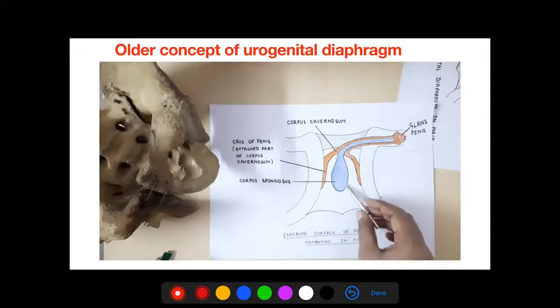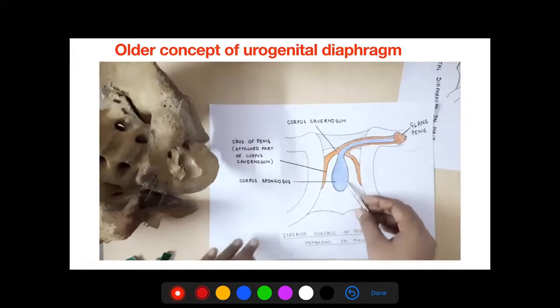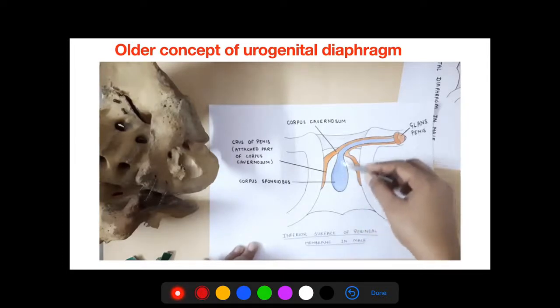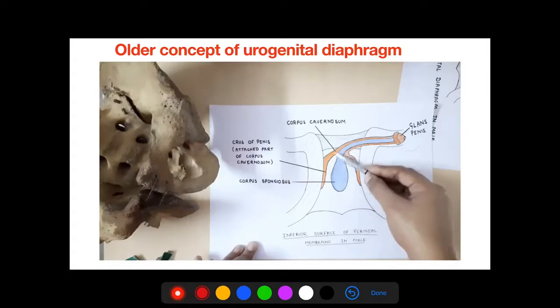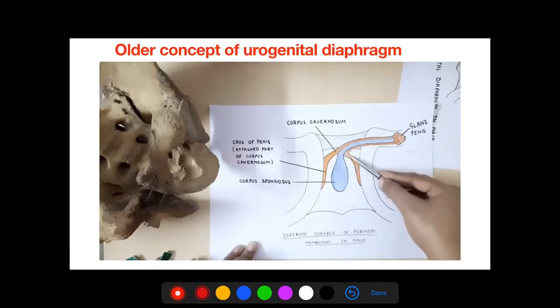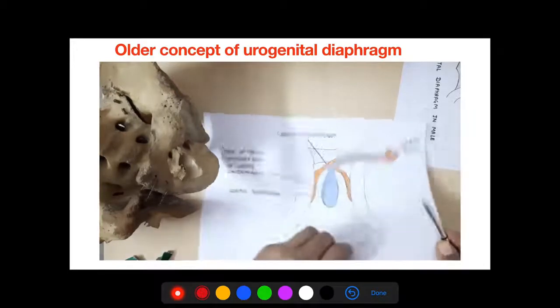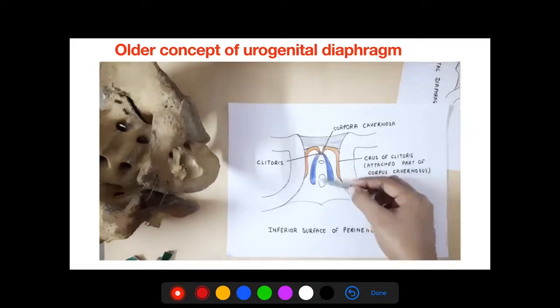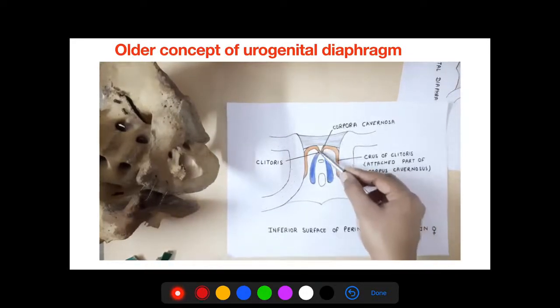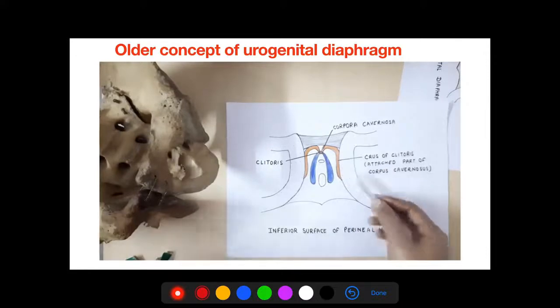This inferior surface is covered by the bulb of penis medially and corpus cavernosum laterally. But in female, this inferior surface of the inferior fascia is covered by the bulb of vestibule medially and corpus cavernosum laterally.